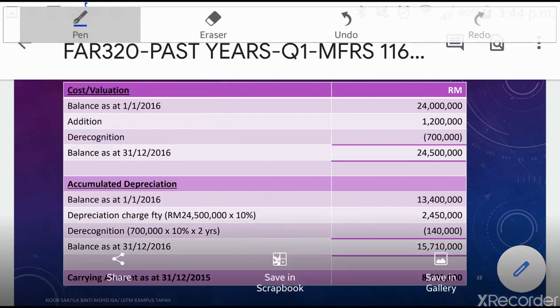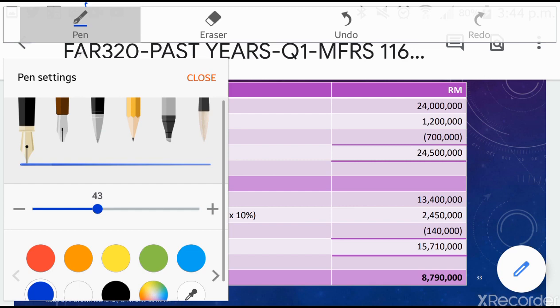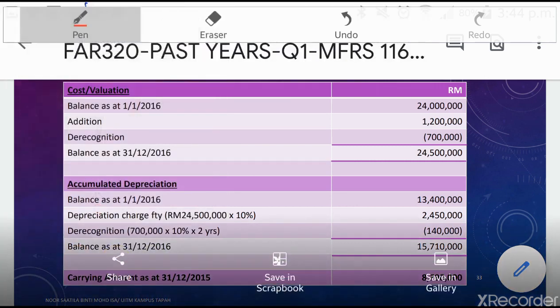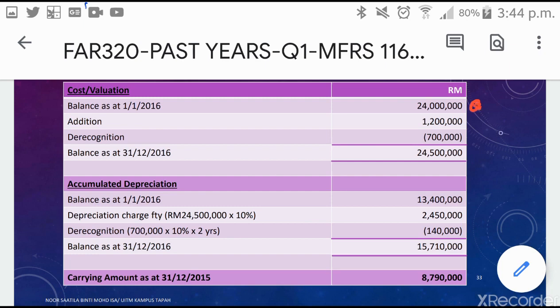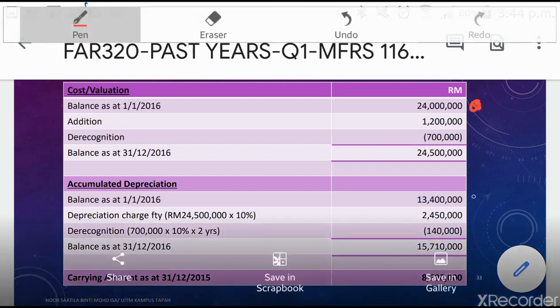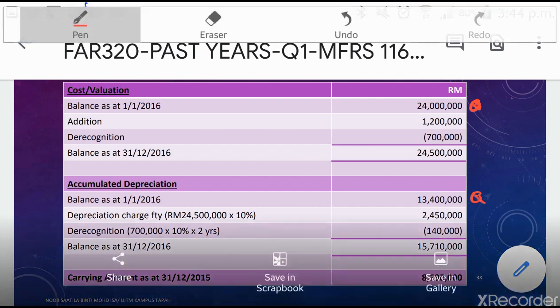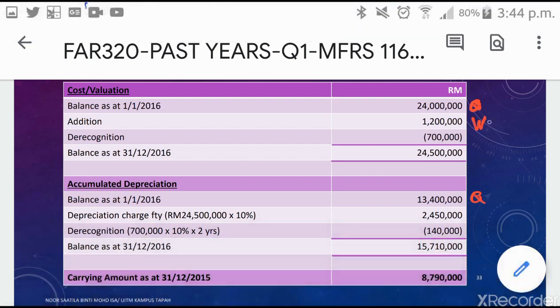Okay, I'm using red. Okay, balance here is from the question. You can get it from the question. I put here Q, here also from the question. The addition is from our working.